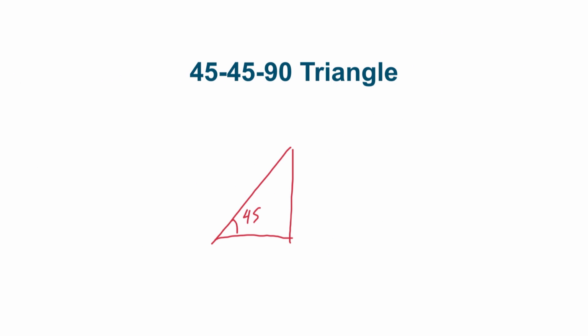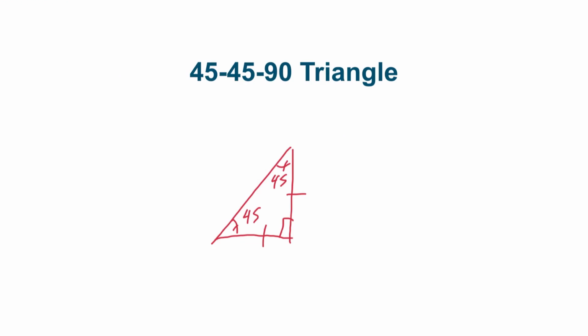So 45, 45, 90. And because these two angles are the same, the sides opposite to them must also be the same. This is just a basic result in geometry. So this length is the same and this length is the same. So in fact, it's also isosceles.